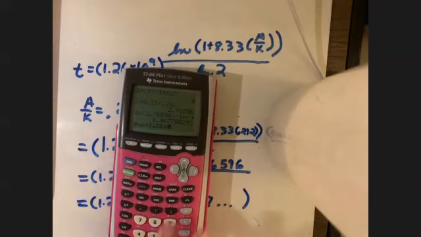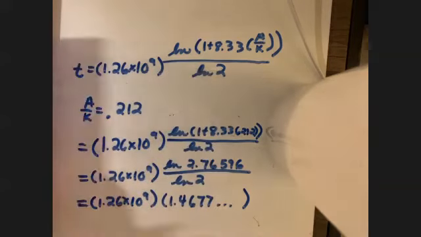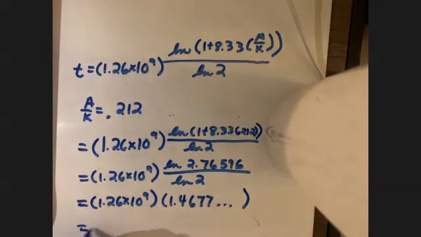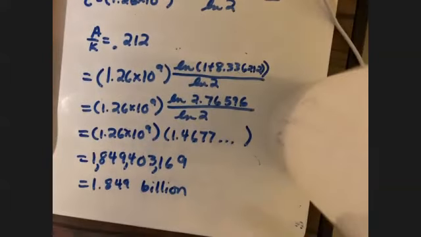It comes up with that E, and like we talked about before, that E is your times 10 to the, so I'm now going to put 10 to the 9th. And I get that the rock is 1,849,403,169, so in millions, it is roughly 1.849 billion years old, if we want to get technical on some decimals there.